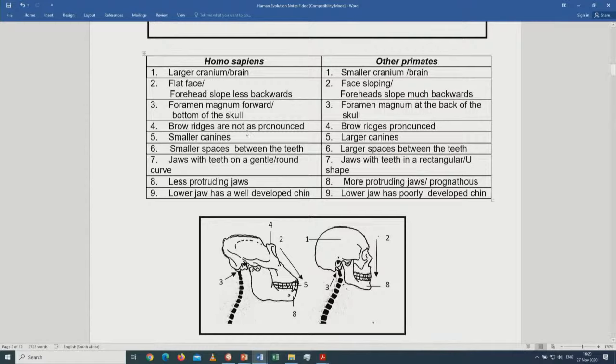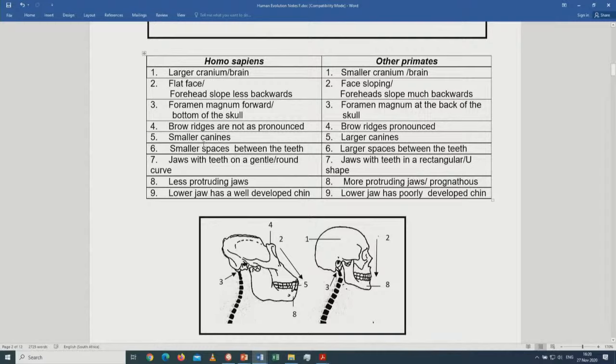Brow ridges are not as pronounced, and brow ridges are more pronounced in other primates, which is involved with diet, as more pronounced brow ridges allow for large muscles for chewing and grinding uncooked food material.